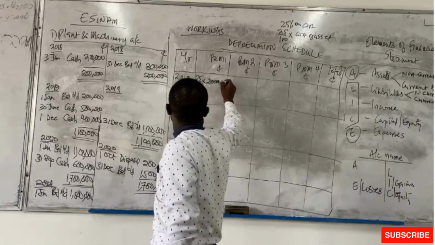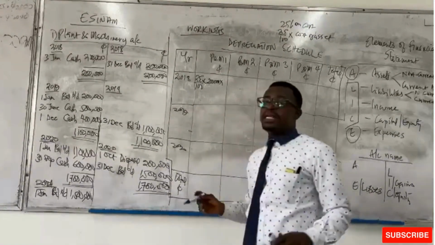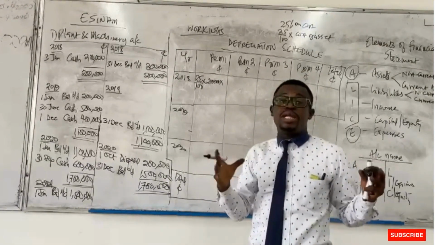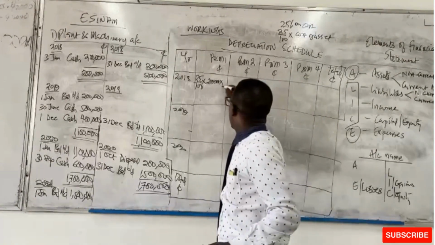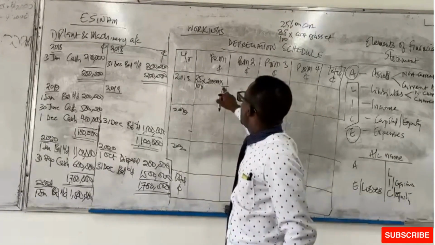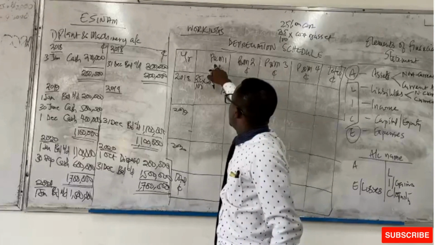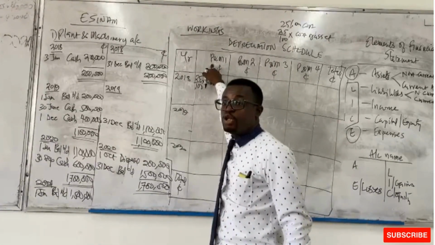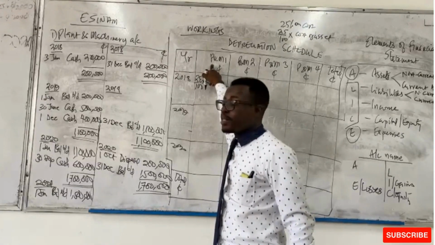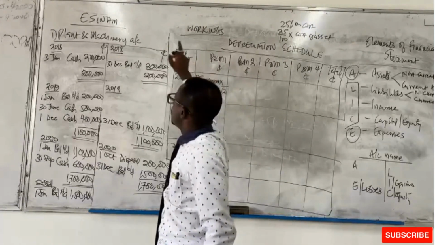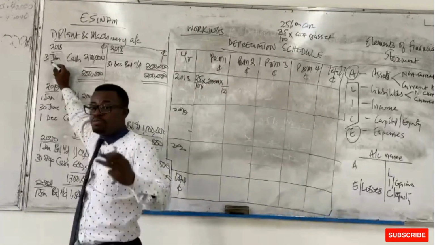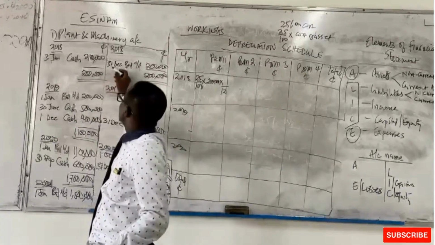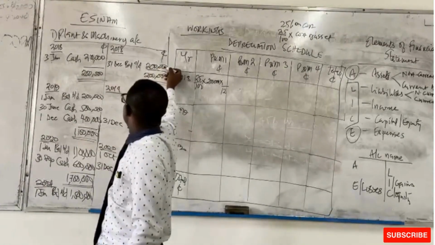200,000 times. Now, how many months constitute an accounting year? 12. So over 12. How many months was the P&M 1, the first plant and machinery purchase, used? For how many months? 12. How do we know the number of months it was used? It was bought on the 3rd January, so presumably it commenced usage on the 4th, and it was used till 31st December at the same cost.